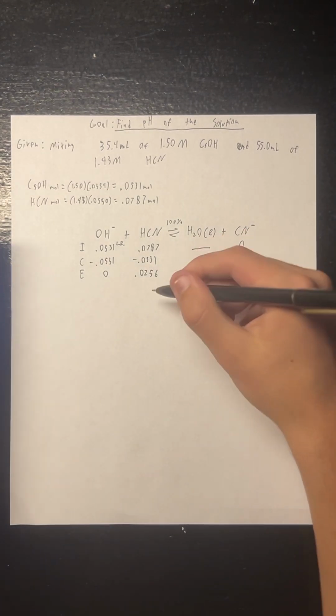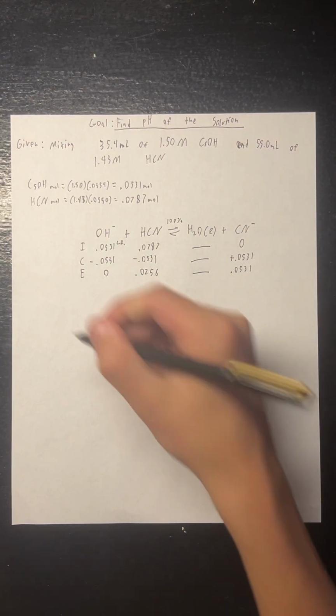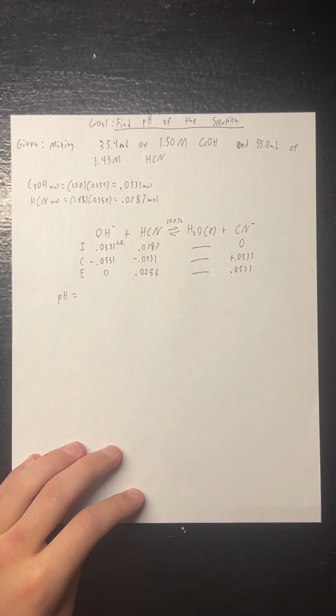Now we have our equilibrium moles, and we can find the pH using the Henderson-Hasselbalch equation.